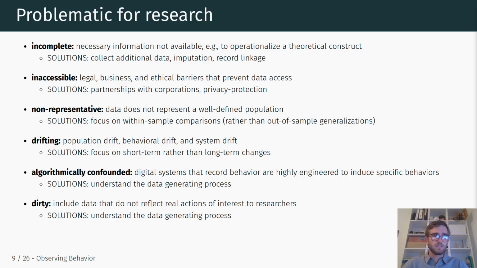The second to last aspect is that big data can often be very dirty, in the sense that they include a lot of data that does not really reflect real actions of interest that help us answer our substantive questions.